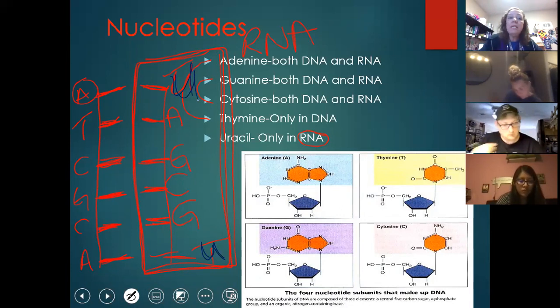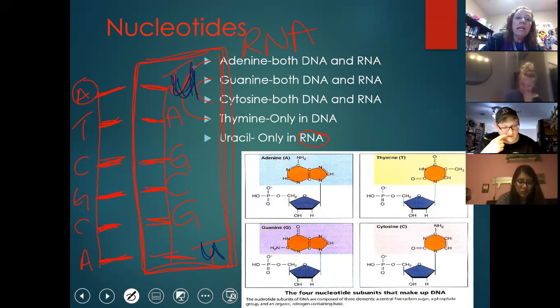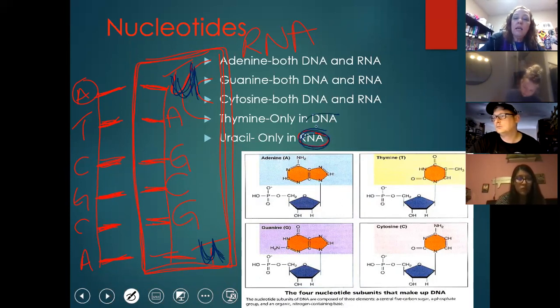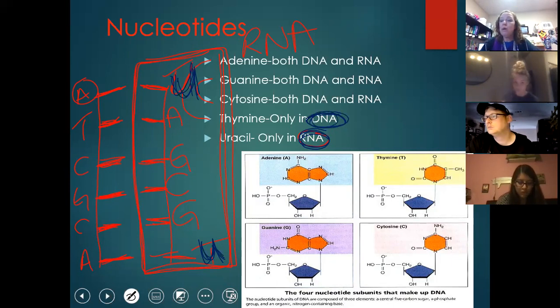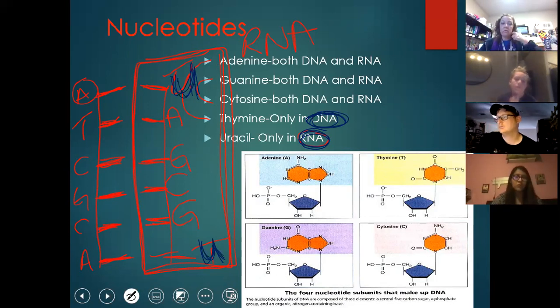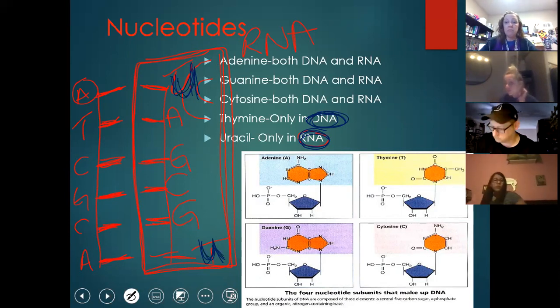When we unbond it, it takes on a new identity, and that's going to be the uracil. So uracil is only found in RNA, and thymine can only be thymine when it's bonded. Therefore, it's only thymine when it's bonded in DNA. So the minute that I unzip that DNA, the thymine is no longer bonded, and it takes on this different persona. Everybody else stays the same.